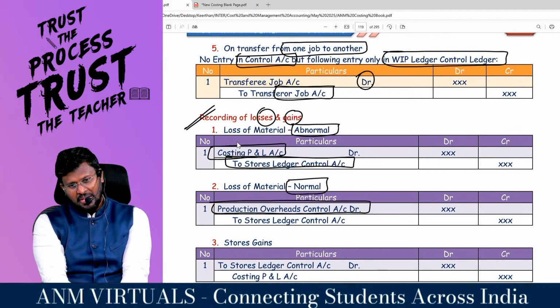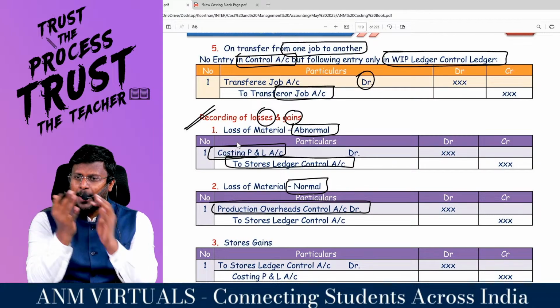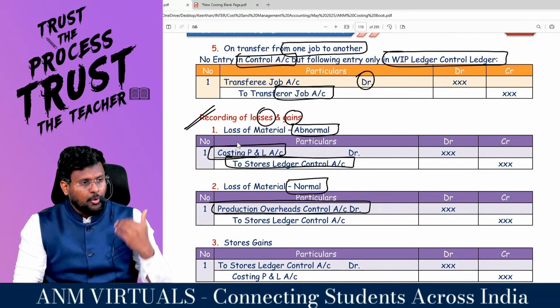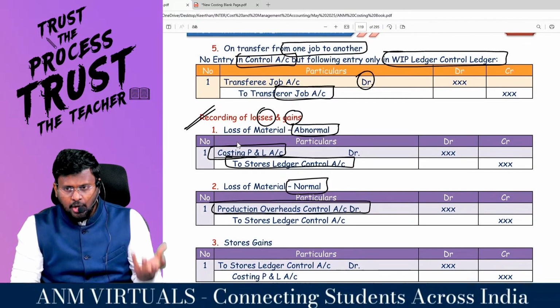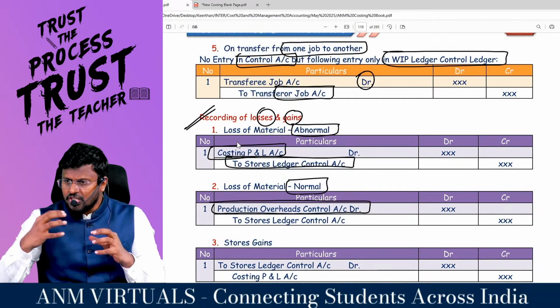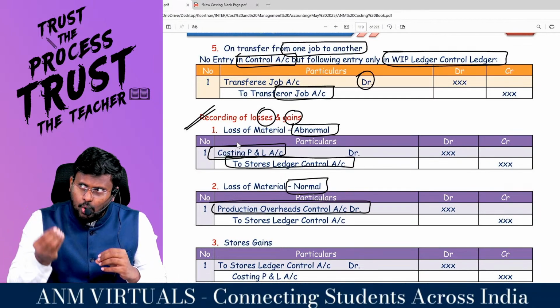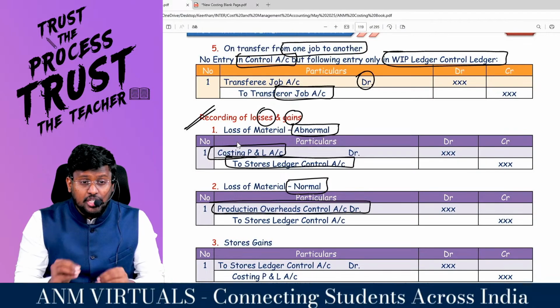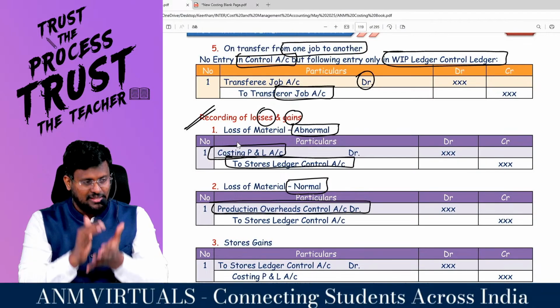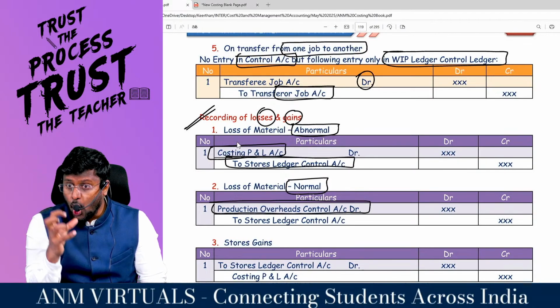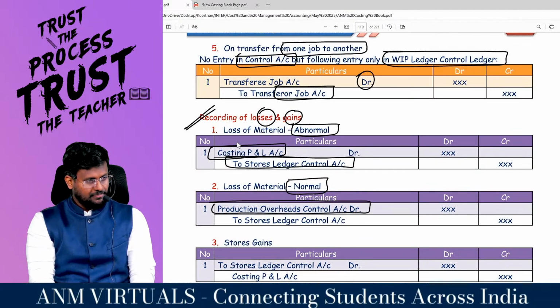So the loss may be a normal loss or an abnormal loss. Normal loss entry: production overhead control account debit to stores ledger control account. Because if we debit the production overhead control account, cost increases, and it will be absorbed by the WIP control account.